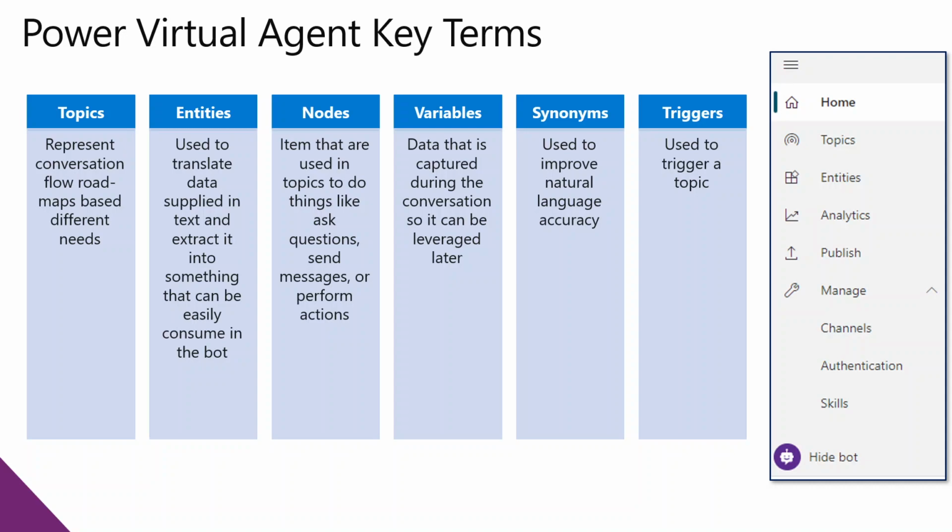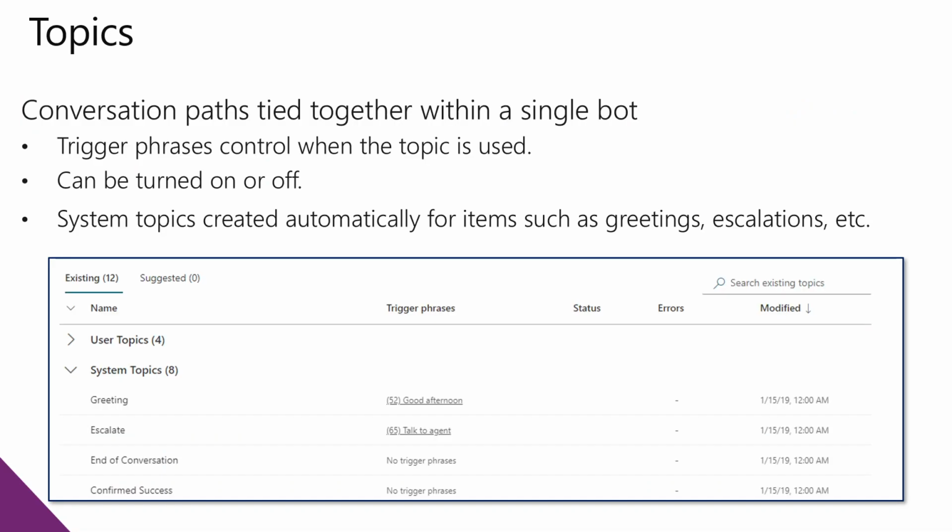And triggers are the phrases that start a topic. So you can have these trigger phrases that start off a conversation. So it might be, I want to change my address, update my address, give you my address. The different trigger phrases start the topic of changing the address. So trigger phrases control when the topic is used.